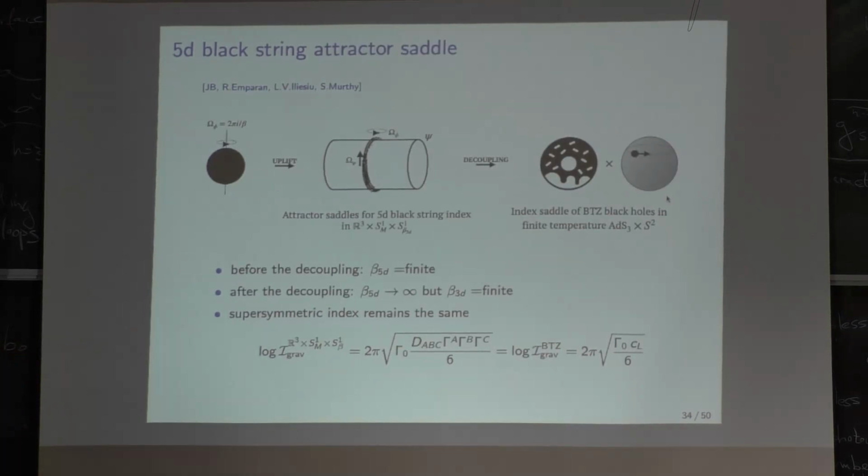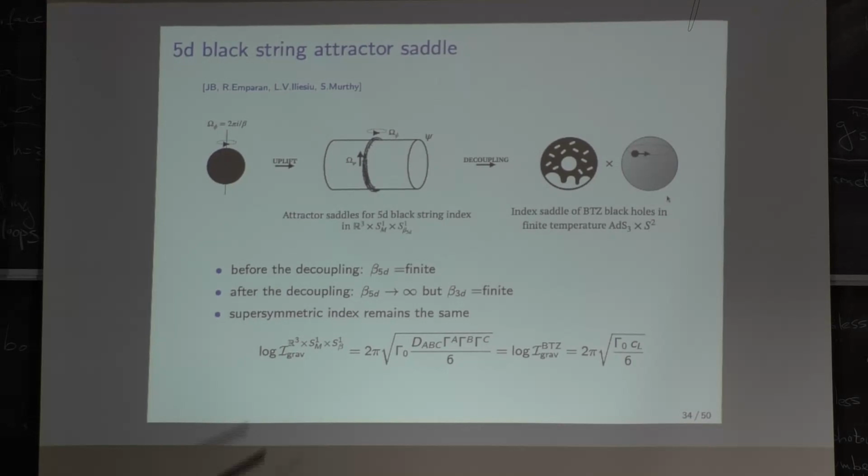So now, what we can do is take this setup and simply uplift our index saddles to 5 dimensions. There are 2 ways in which we can now compute the index. The first way corresponds simply to taking this 4-dimensional black hole and uplifting it to 5 dimensions without taking any limits.